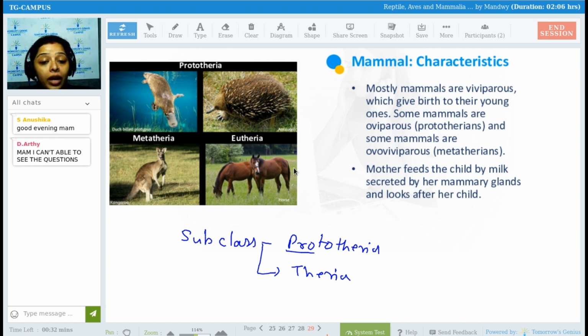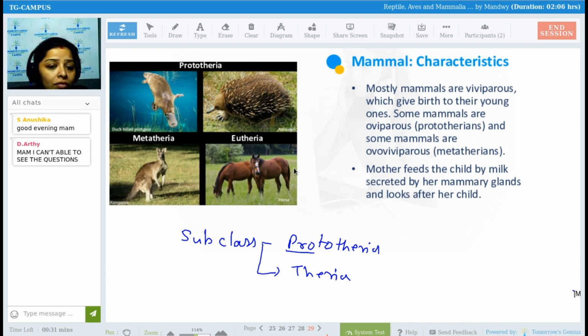In the egg-laying mammals, they are having cloaca, whereas in Theria, cloaca is completely absent. Clear? Examples of Prototheria or egg-laying mammals are, the most important one is duck-billed platypus. Another example is spiny anteater.